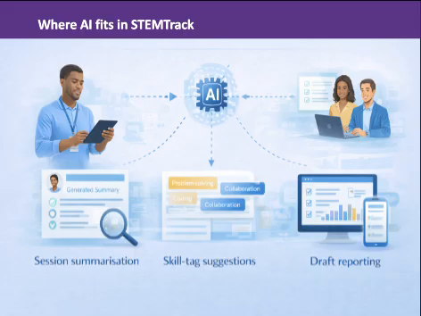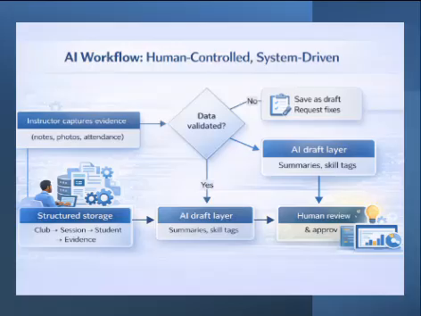So now, this is the workflow I build with my system. I follow this workflow when building my system, STEMTrack. If you look at this diagram, you see how AI operates inside STEMTrack. I'm going to walk you through from left to right, so we understand what this workflow means.